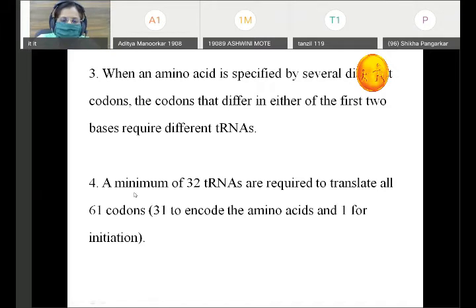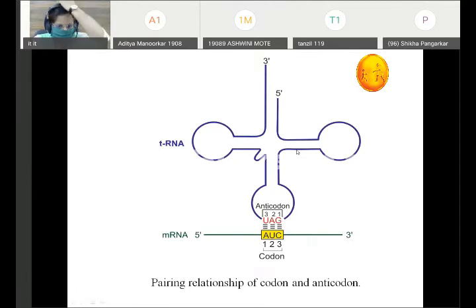The fourth point is that a minimum of 32 tRNAs are required to translate all 61 codons: 31 to encode the amino acids and 1 for initiation. So that is all about the wobble hypothesis. This is the pairing relationship of codon and anticodon.